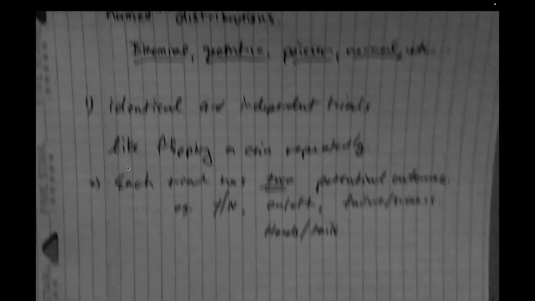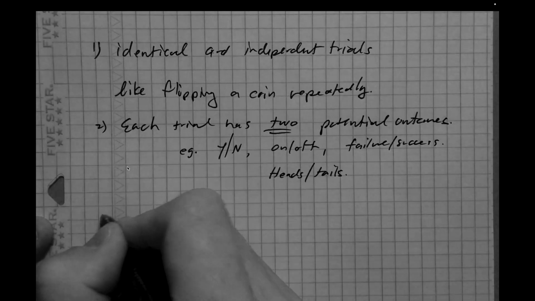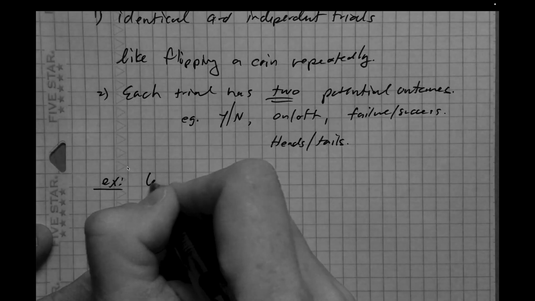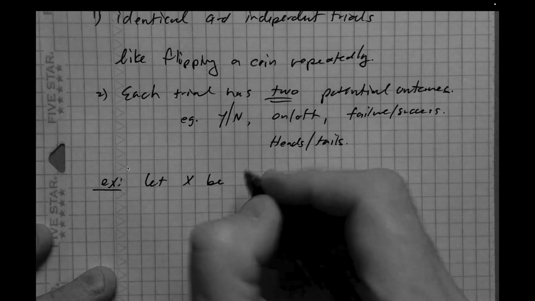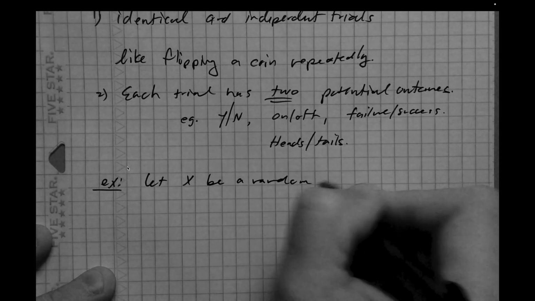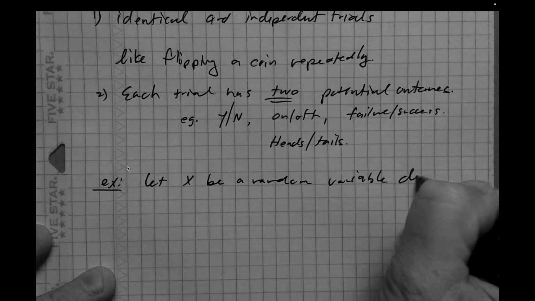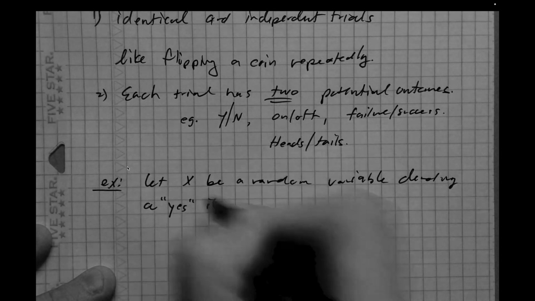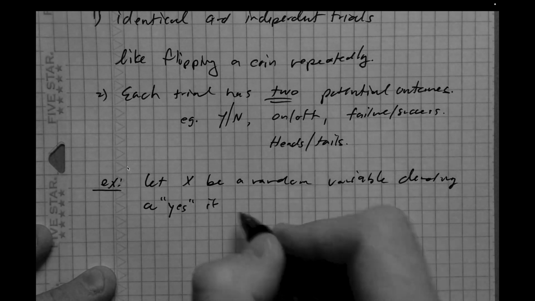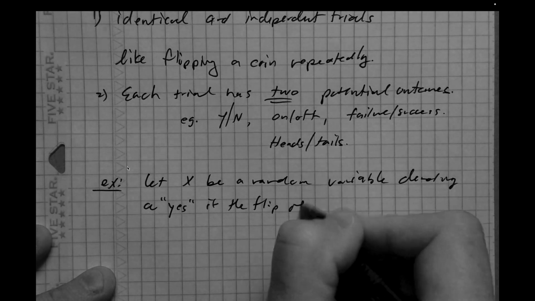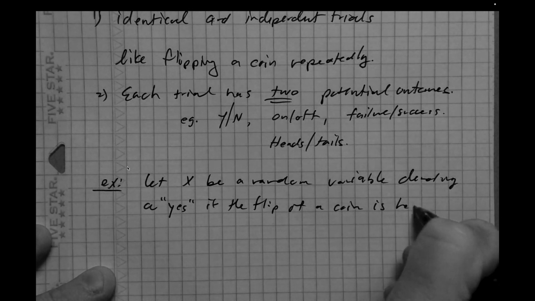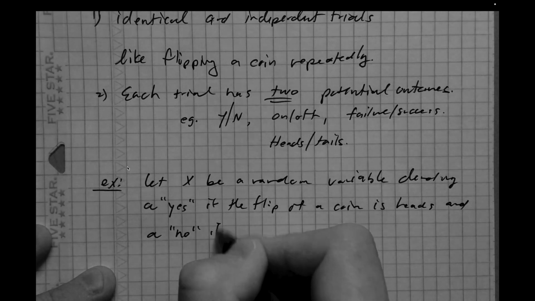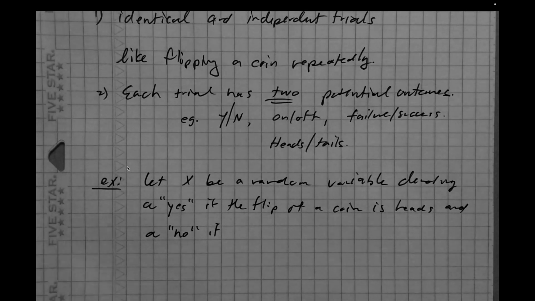Right, so let's get a concrete example out in front of us, and then we'll dissect it a little bit more. So let's let x be a random variable denoting a yes if the flip of a coin is heads, and a no if the flip is tails.